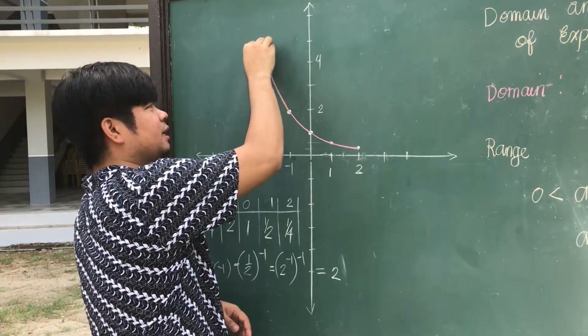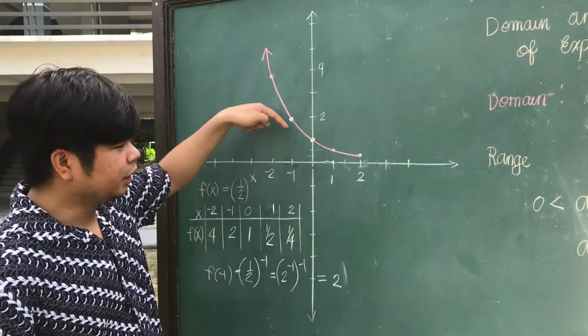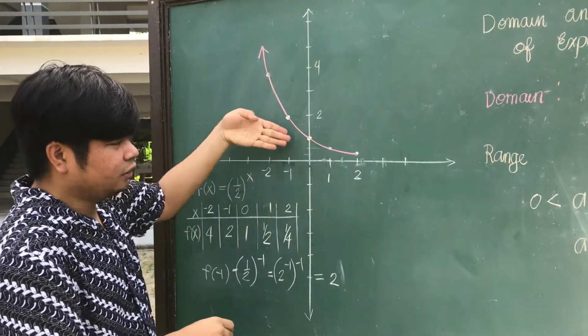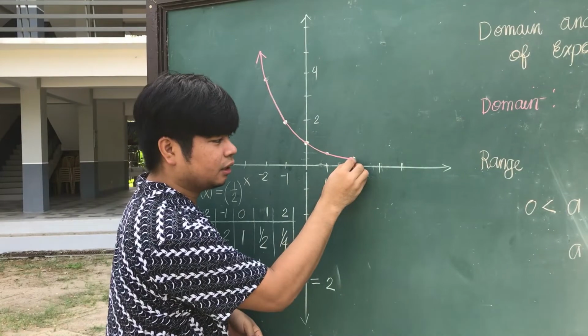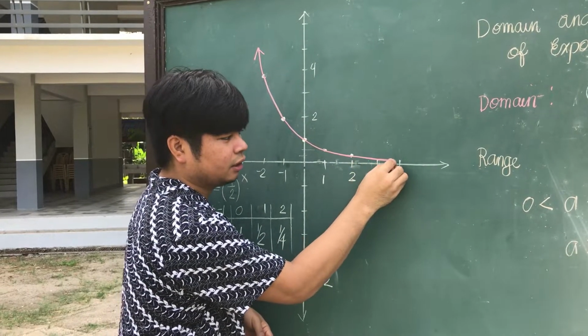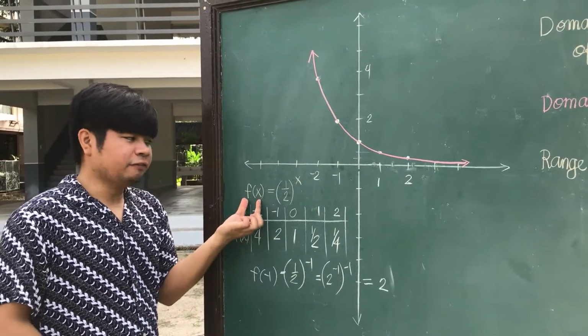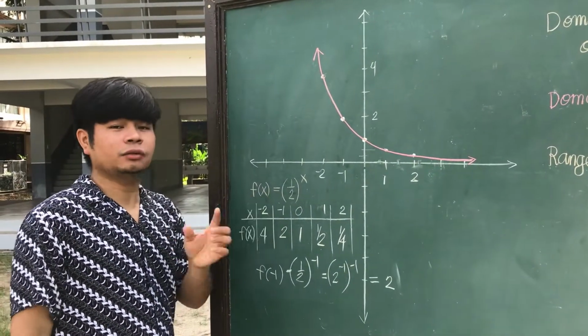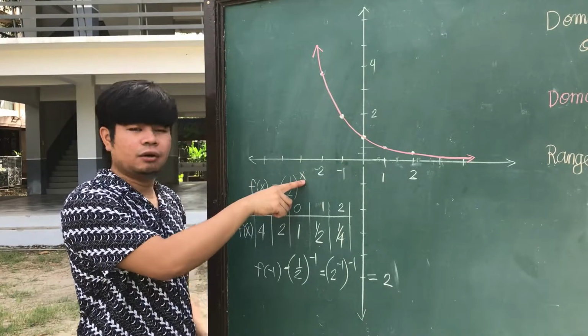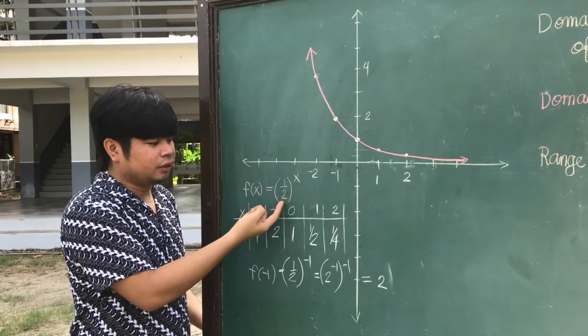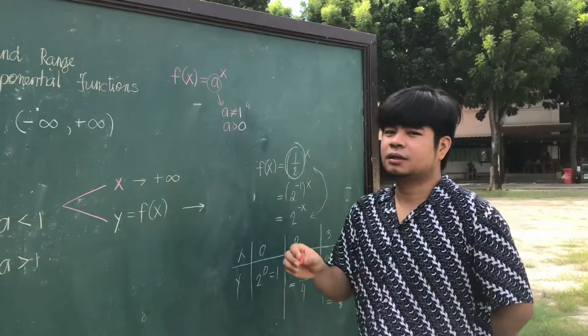So this one is extended to infinity. Now here you are observing that the trend of the graph is that it's just lying on the x-axis. The reason here is f of x will never be equal to 0, because no value of x can give f of x 0.